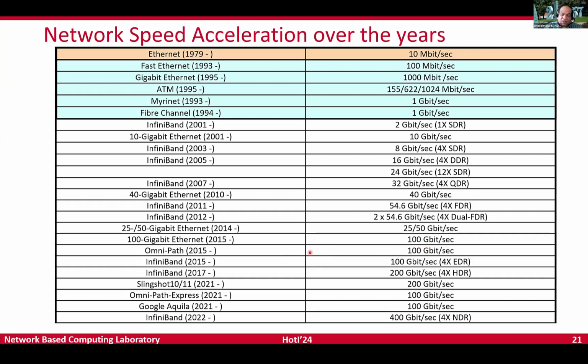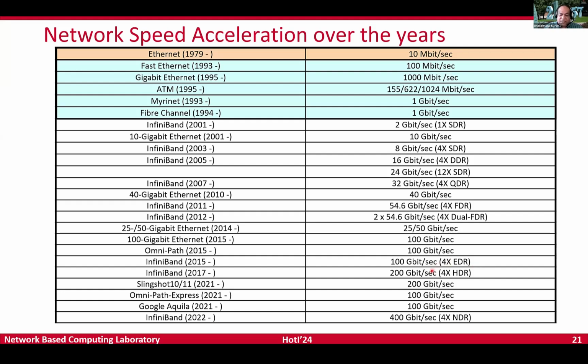Then OmniPath, we'll talk about that a little bit later. That was also an InfiniBand-like technology, but instead of offloading, it tried to use onloading. We'll come to that concept a little bit later, and that also got introduced as 100 gigabits per second. Then we had InfiniBand going into what they call EDR, enhanced data rate, still using 4 lanes.